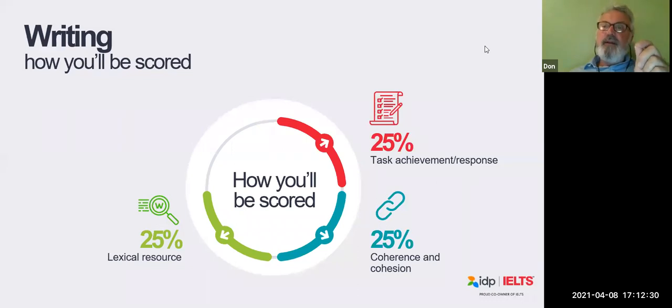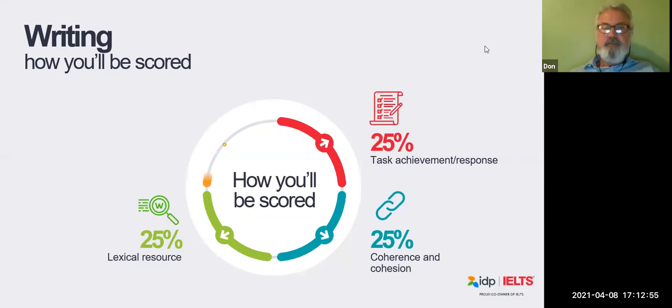If you can spell okay, and if you have a range of words, and if you use these words naturally, then you will get a high score for this criterion. And remember what I said about reading. Using natural English words is something that you will learn the more that you read.